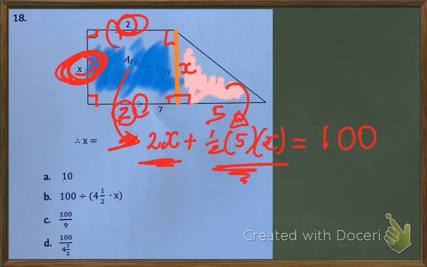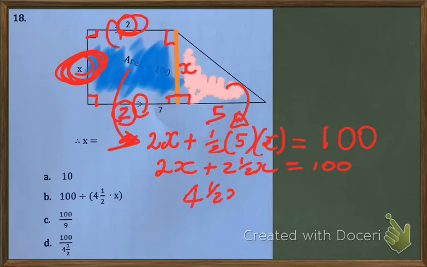Now we're going to simply add those, and we have 2x plus a half of 5 is 2.5, so that is 2x plus 2.5x is equal to 100. If we add 2x to 2.5x, that gives us 4.5x. So 4.5x is equal to 100.